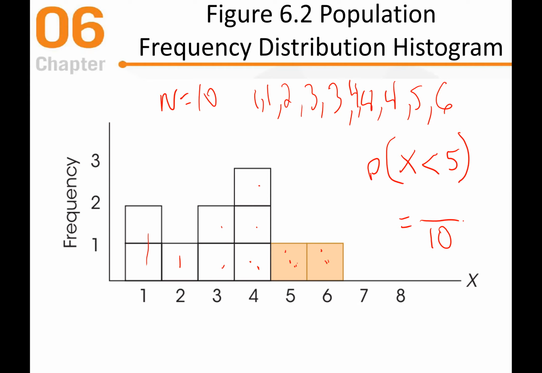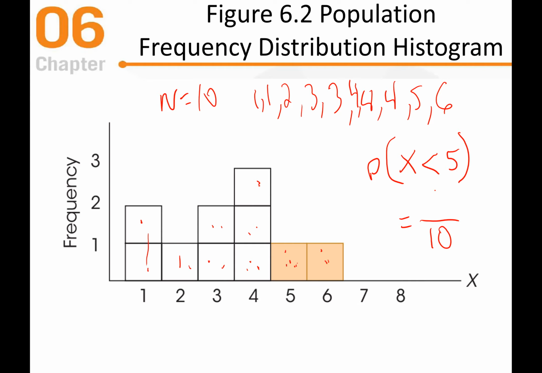And scores that are less than 5, we can count this: 1, 2, 3, 4, 5, 6, 7, 8. So there are 8 scores that are less than 5.